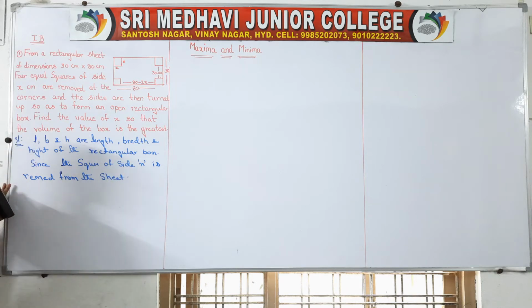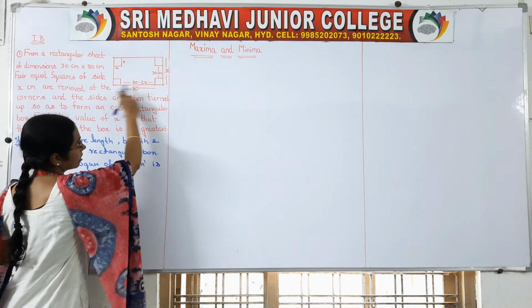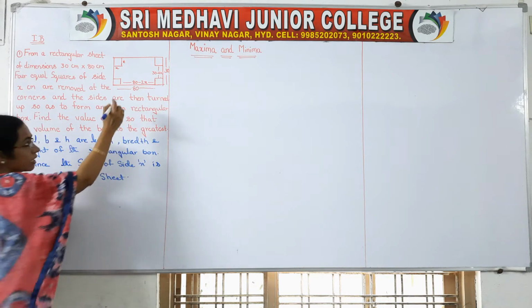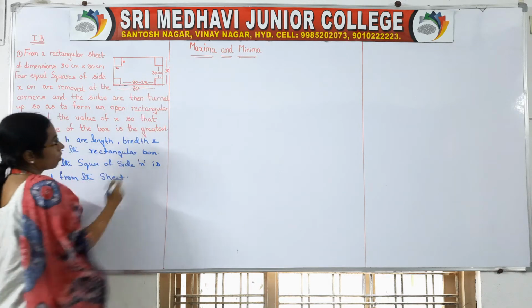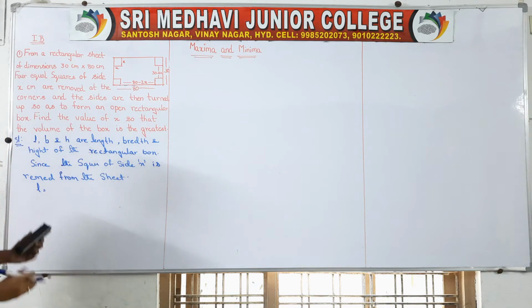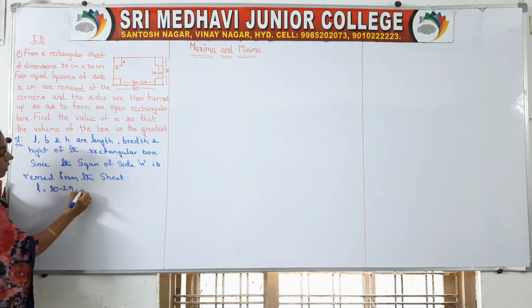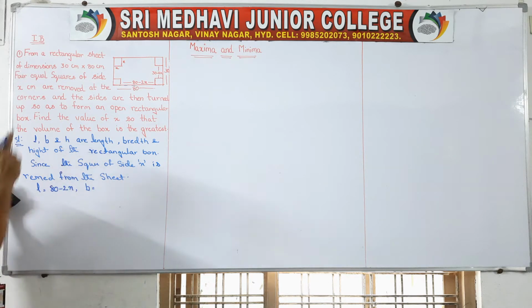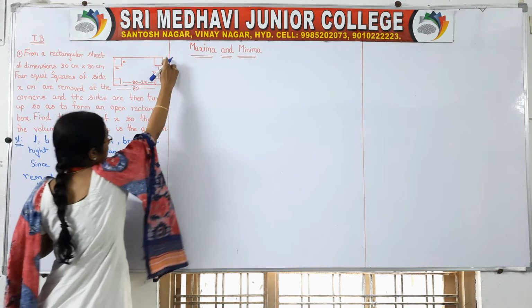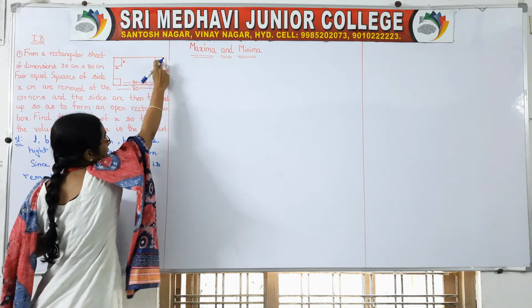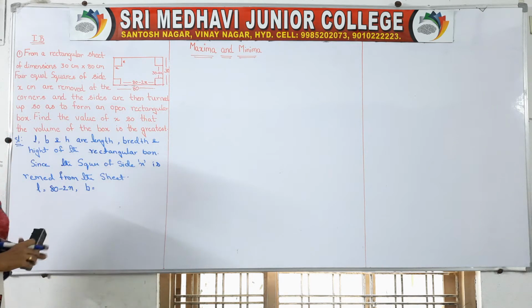Now your length in total is 80. So this is x, deleted. So the length of your box is now 80 minus 2x, right? And breadth, your breadth is 30. In this 30, we have to delete the squares at the corners.